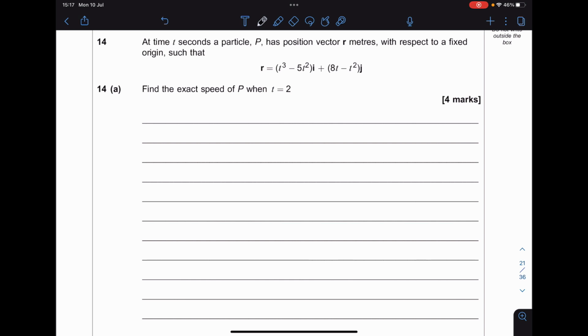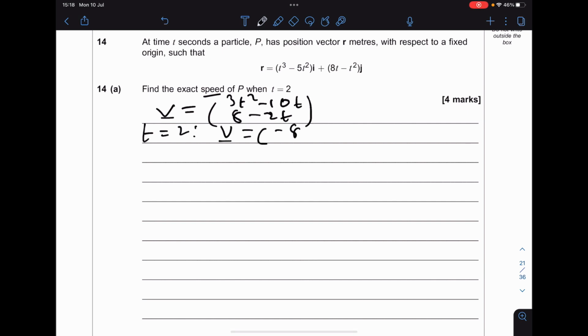Right, so find the exact speed. Because it says speed, that is the modulus of velocity. So when we differentiate this with respect to time, we're going to get 3t squared minus 10t and 8 minus 2t. We need to sub in t equals 2, which is going to get me the vector minus 8, 4.